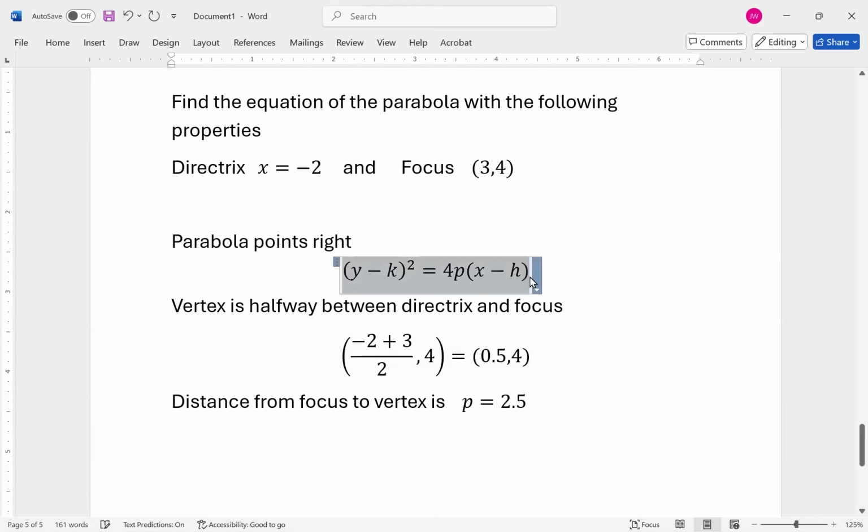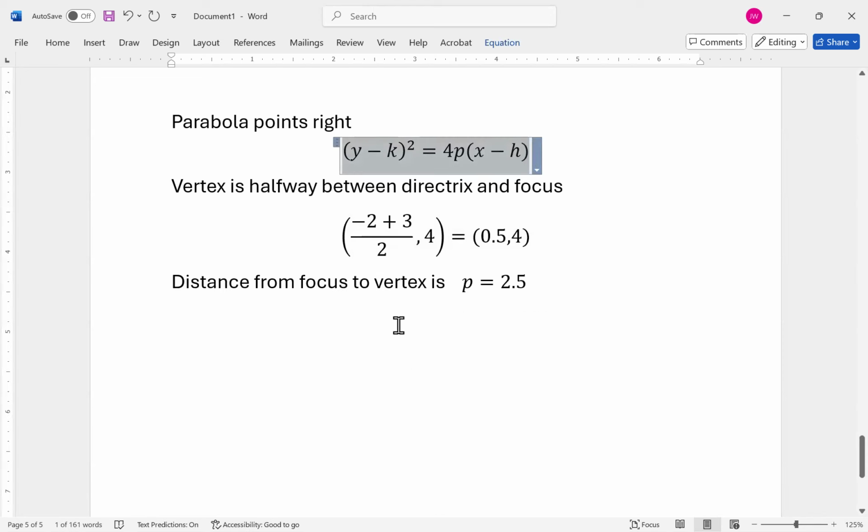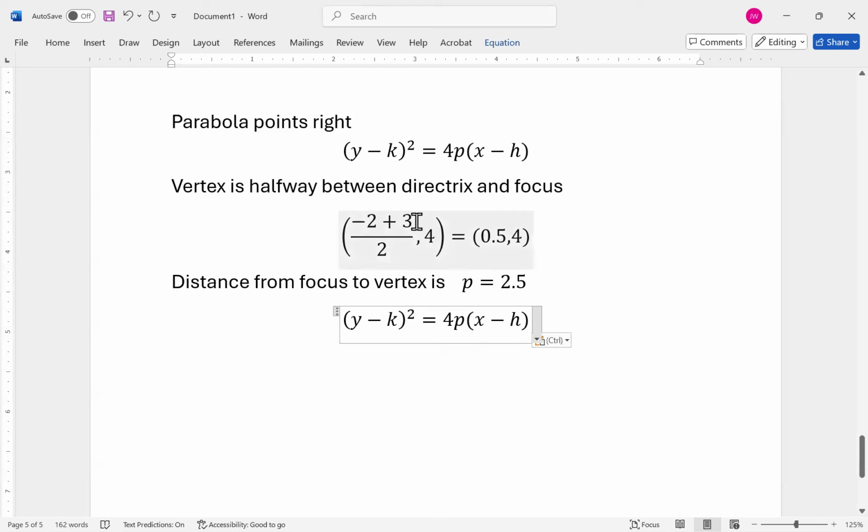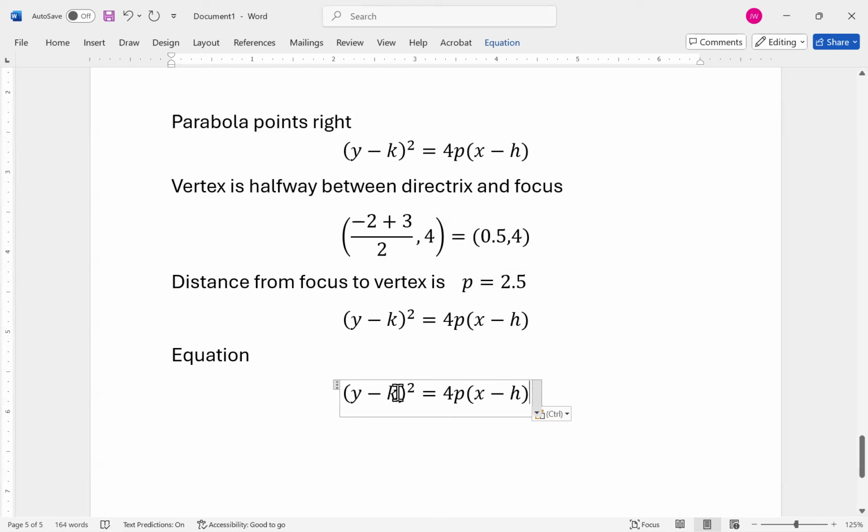Now I am ready to plug in these two pieces and find the equation I was looking for. So my equation is (y minus 4) quantity squared equals 4p times (x minus 0.5). Since p is 2.5, we take 4 times 2.5, and that would give me a positive 10.